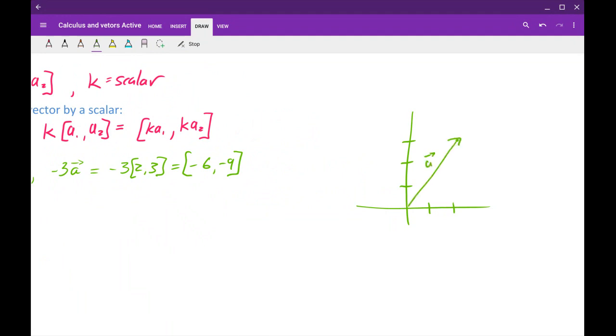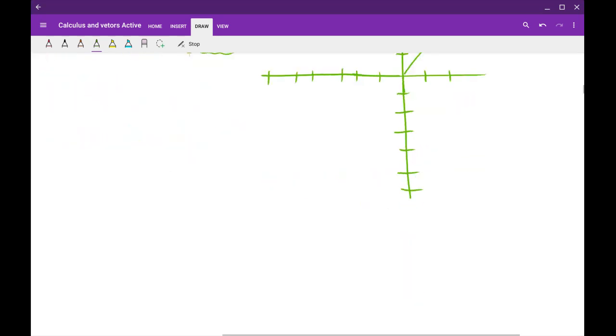And if I multiply it by negative 3, it's going to give the new vector [-6, -9]. Let me do this. So 1, 2, 3, 4, 5, 6, and negative 9 is 1, 2, 3, 4, 5, 6, 7, 8, 9. So it would be, I guess, this vector.